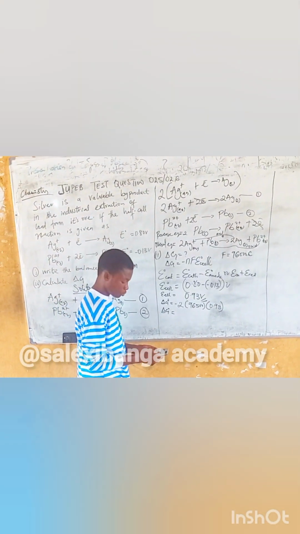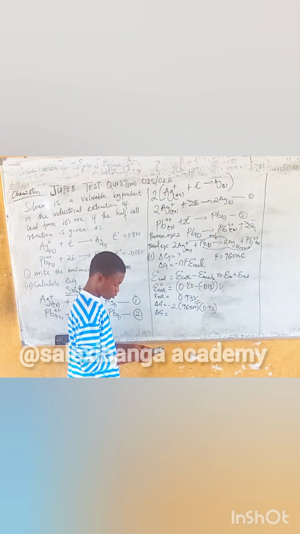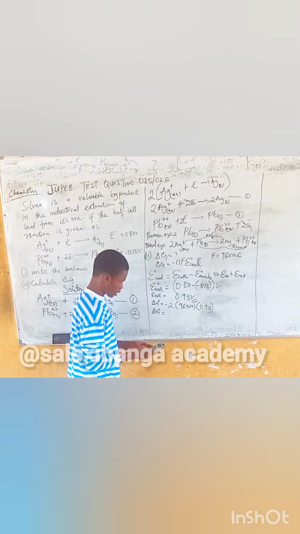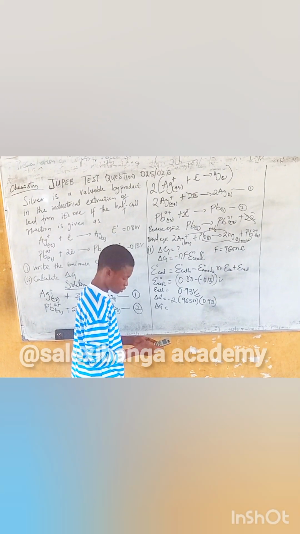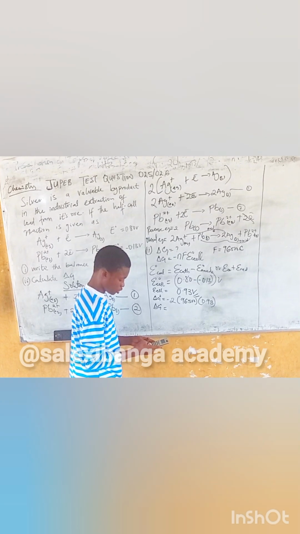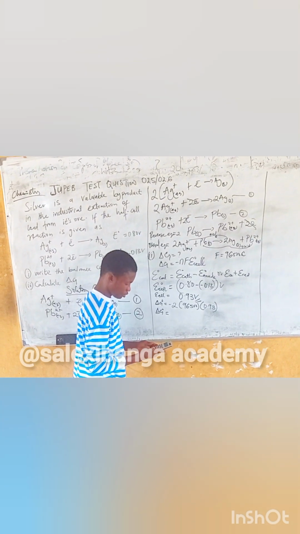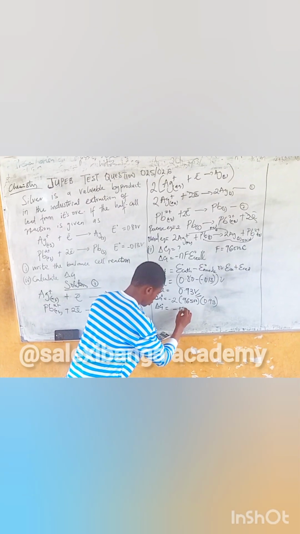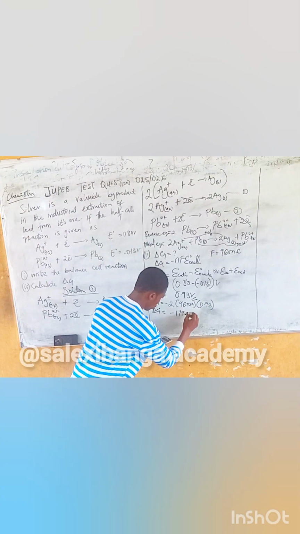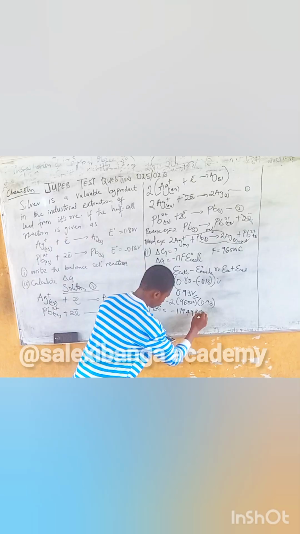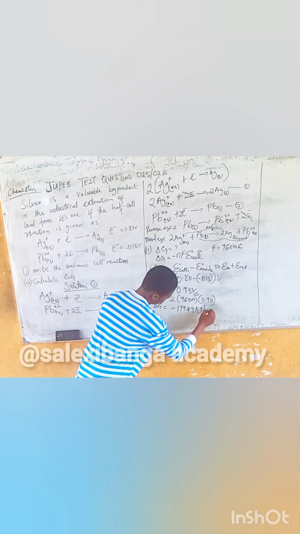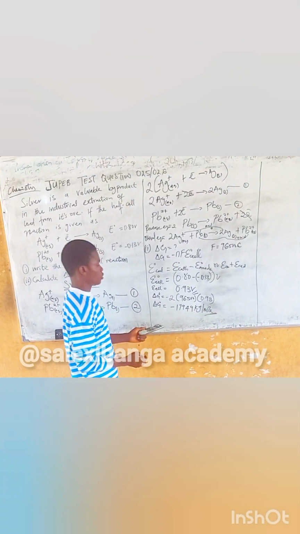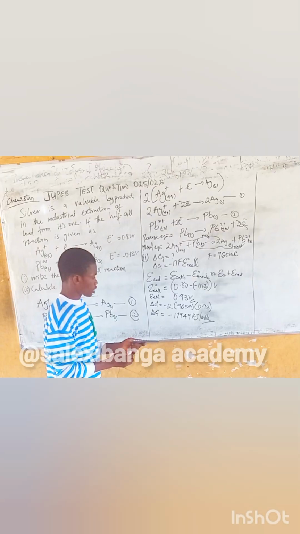Let's see what we are going to obtain. 2 times 96500 times 0.93. Of course, we have our change in G to be minus 179.49 kilojoules per mole. That's what we have as our change in G.